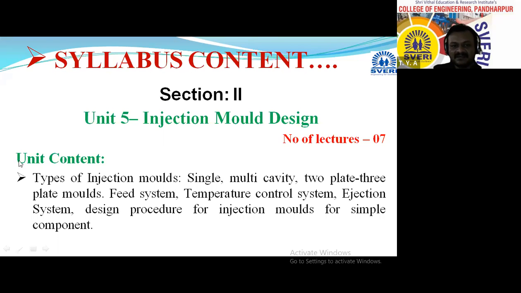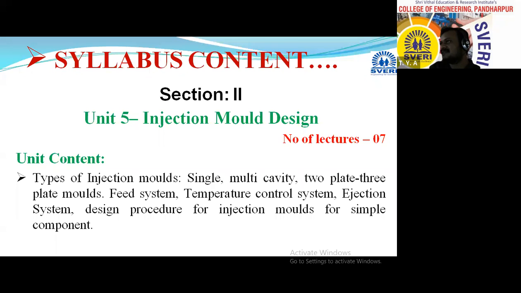Here we are going to discuss different types of injection molds: single cavity mold, multi cavity mold, 2-plate mold, 3-plate molds. Then feed system, different types of feed system, temperature control systems, then ejection systems are there.